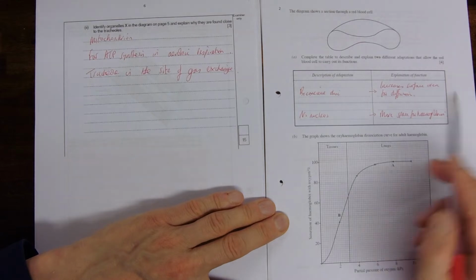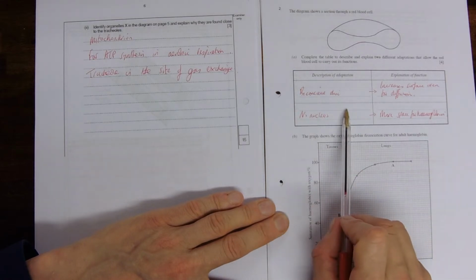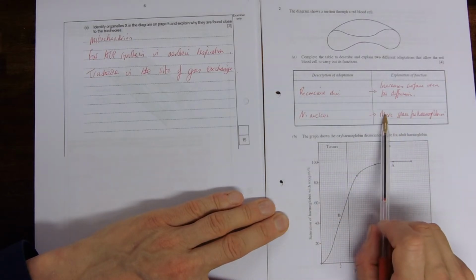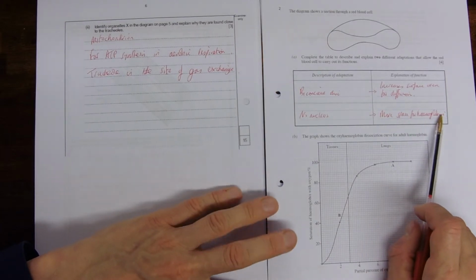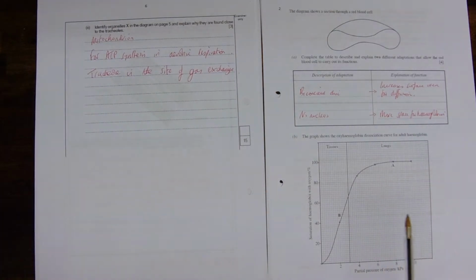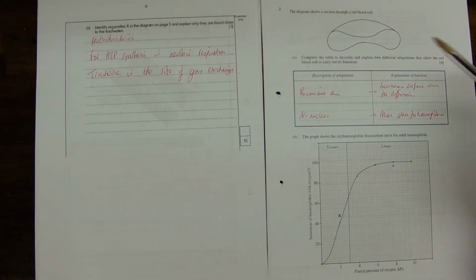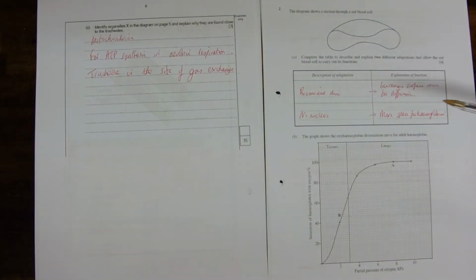So other things you could possibly say, you could just say it has hemoglobin, which allows attachment of oxygen instead of carrying oxygen. But you can't actually really see that from that diagram. Here's a graph with an oxygen dissociation curve.